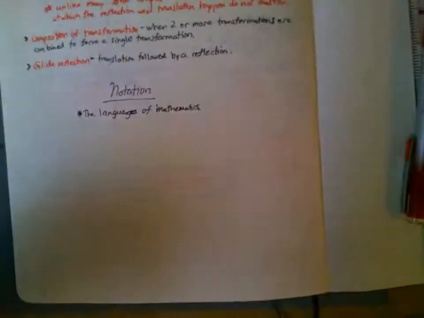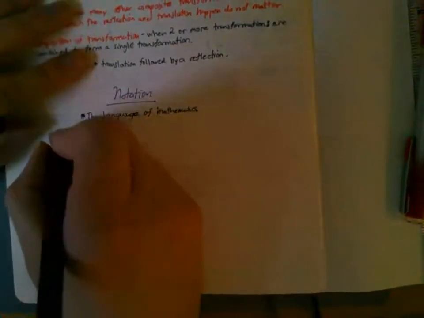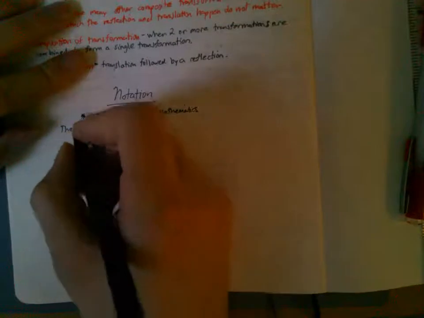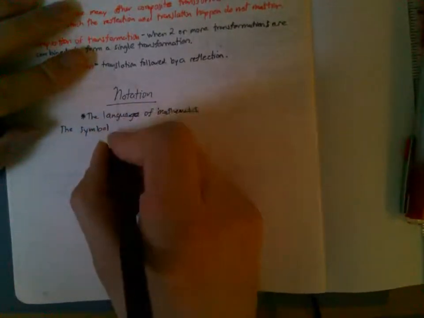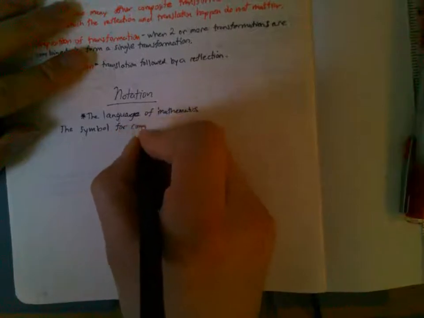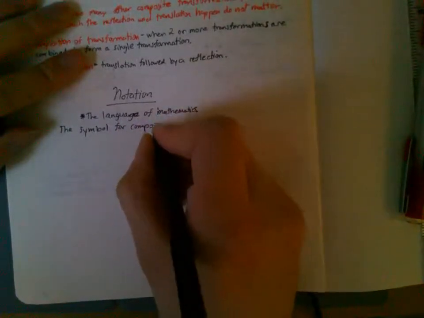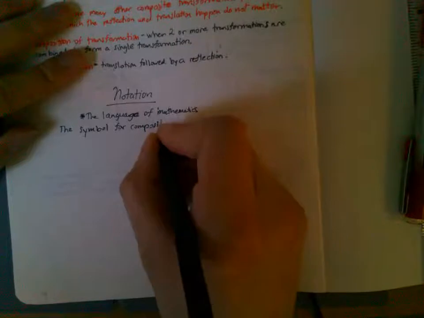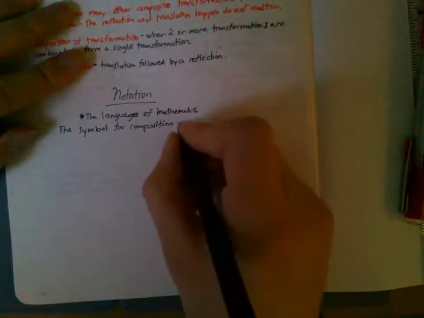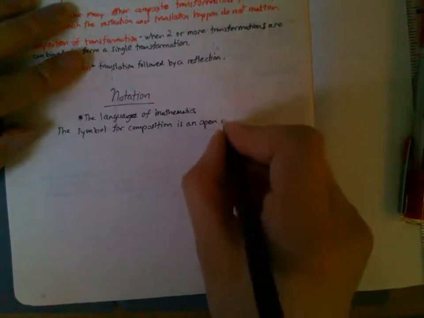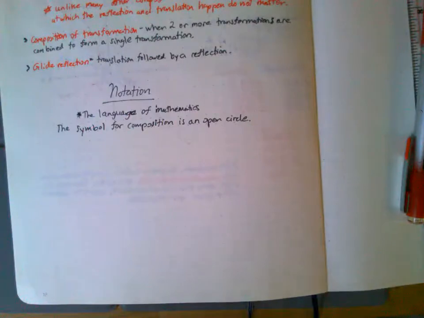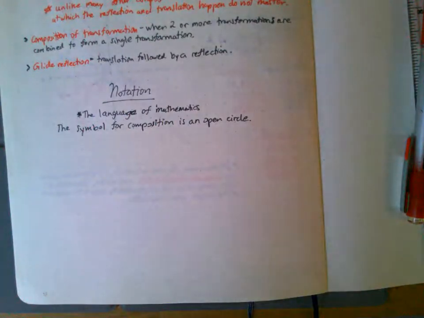In this example, what we're going to talk about specifically is that the symbol for composition is an open circle. The symbol for a composition, meaning I want to say there's a composition, is an open circle.